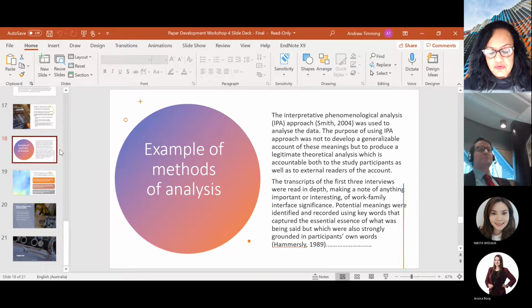The transcripts of the first 3 interviews were read in depth, making a note of anything important or interesting of work-family interface significance. Potential meanings were identified and recorded using keywords that captured the essential essence of what was being said, but which were also strongly grounded in participants' own words. And then, starting from the first interview, how we kept on following the patterns and the themes were further elaborated. Next slide, please.